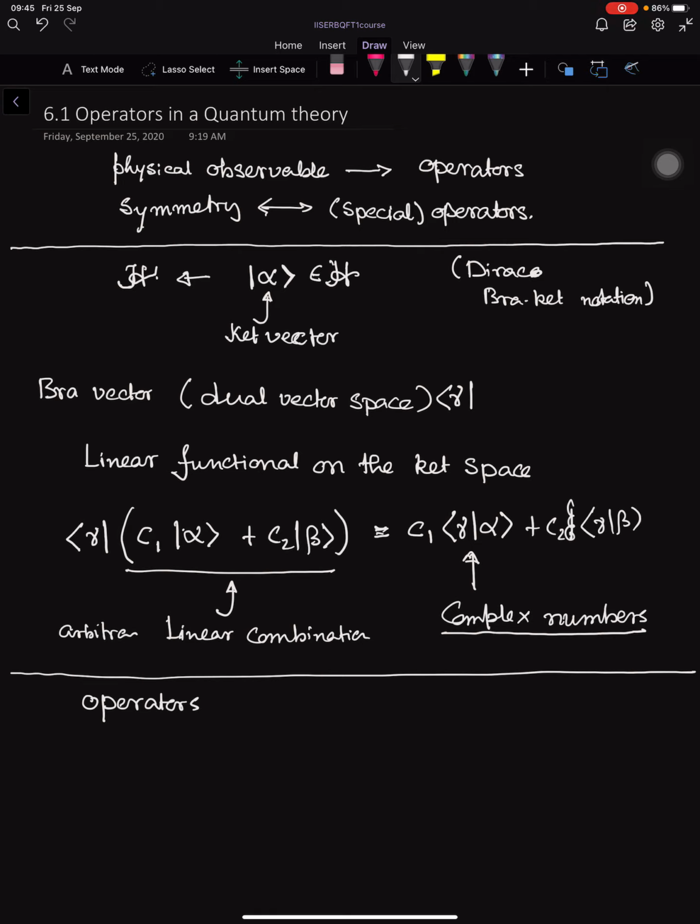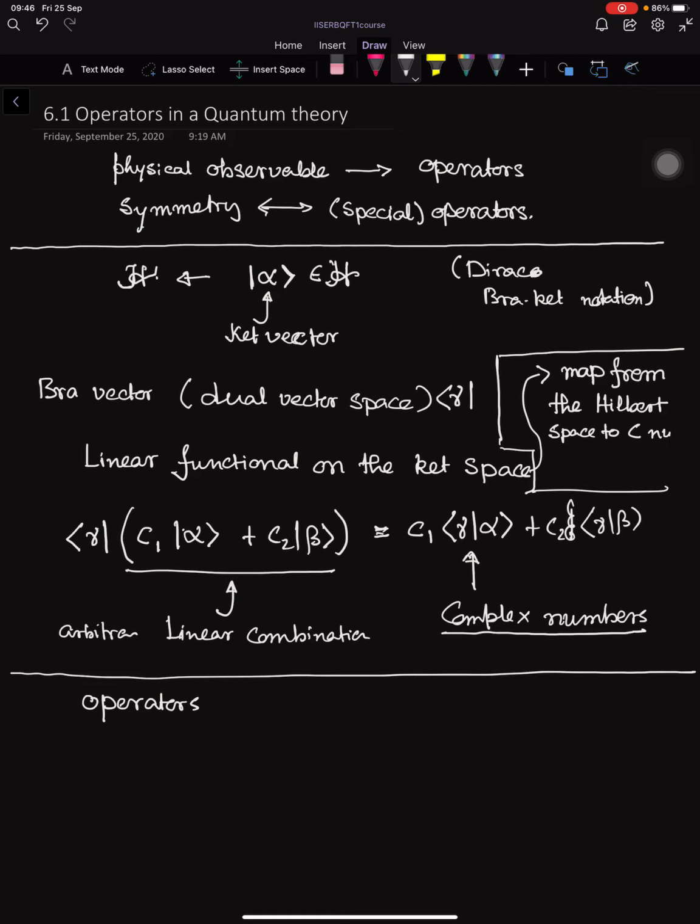So the bra vectors are mapped from the Hilbert space to C numbers. What do we mean by that?